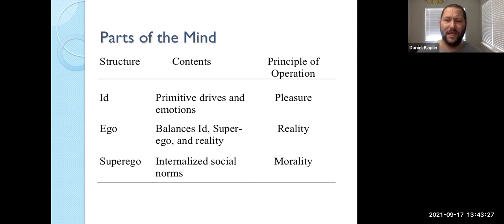It tends to be less influenced by morality. So you might hear some books describe the id as immoral. I prefer to describe it as amoral, right? Not based on morality, but not necessarily immoral, right? So your basic drives, like I said, are sex and aggression.